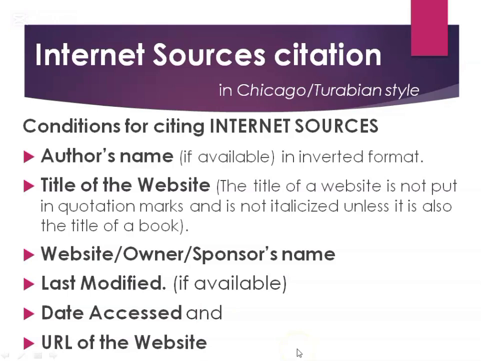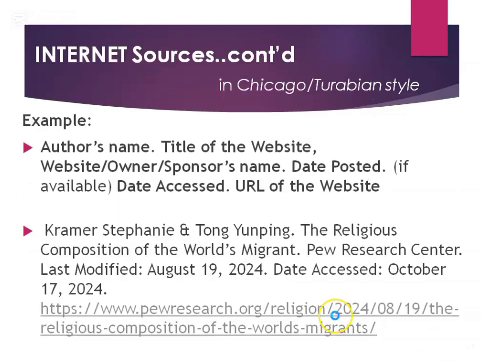Okay, see the example that I cited here for your use. Now, in this internet source, we have Kramer Stephen and Tong Yupin as the authors of this website. Then the topic they discussed is the religious composition of the world's migrants. So this particular website is owned by Pew Research Center.